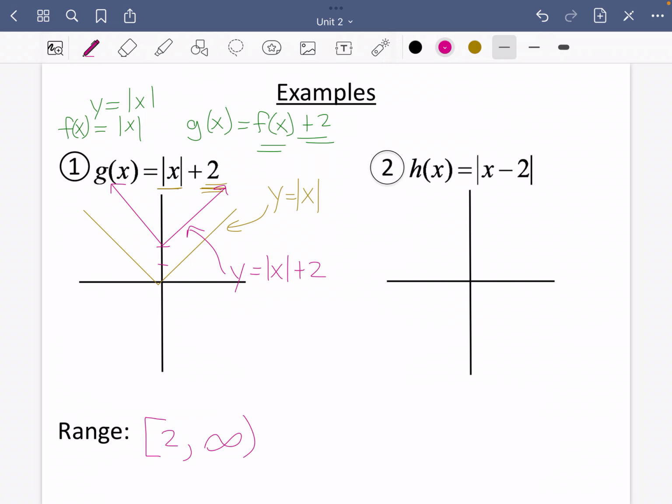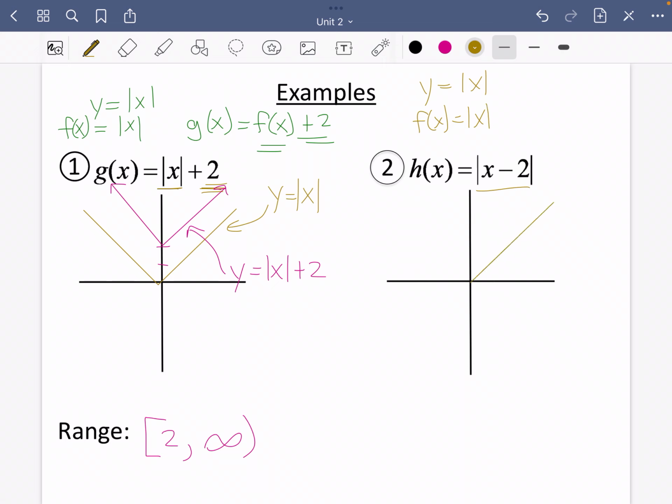What if, on the other hand, we had h of x equals the absolute value of x minus 2? Here, again, our base graph is y equals the absolute value of x, or f of x is the absolute value of x. So that's our base graph.